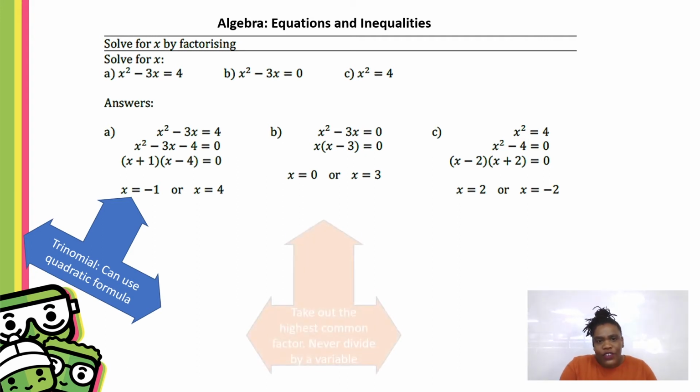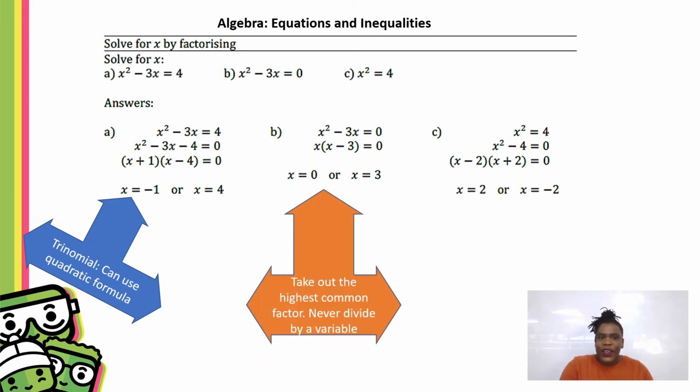The second question, B, looks very similar to A, but it's fundamentally different. We don't have the third term. We don't have that constant term, the 4, that you have to take over to the other side of the equation. So in this case, you have to take out a common factor. You look at the two terms that you have and ask yourself, what is common to both terms? X is common.